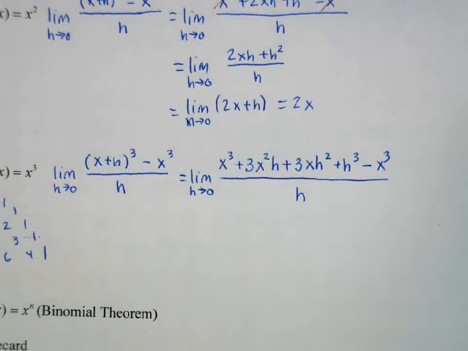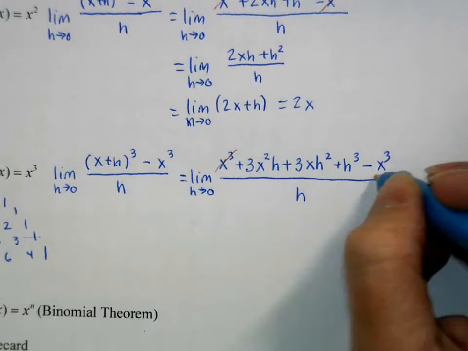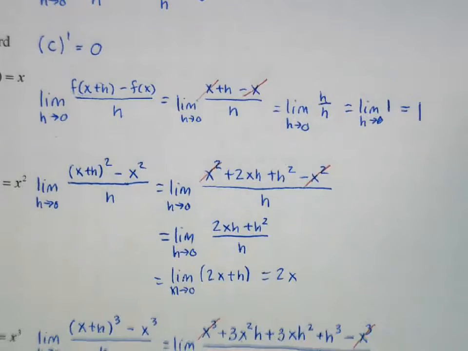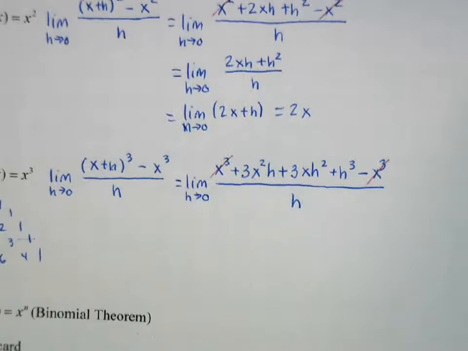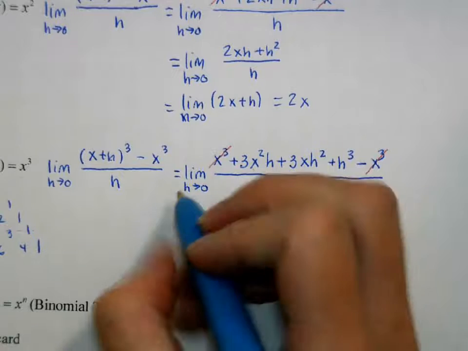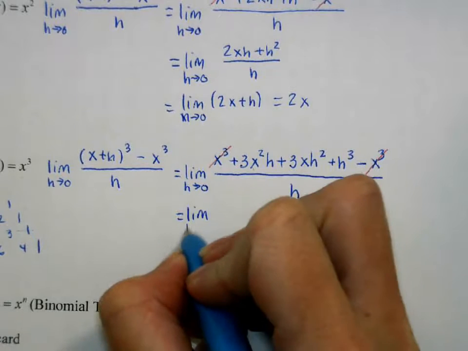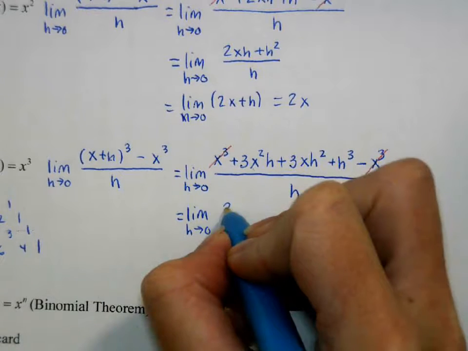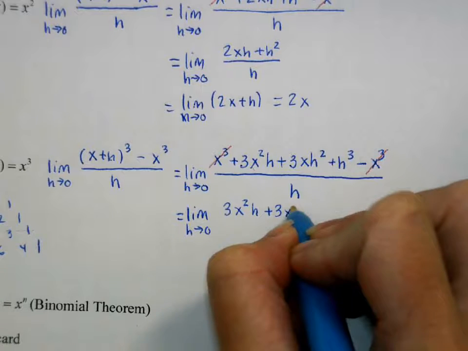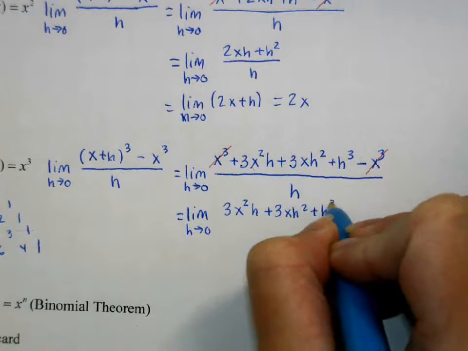This drops out, and hopefully you've seen that has happened every time. So we can predict that will continue to happen every time. This leaves me with the limit as h goes to 0 of 3x squared h plus 3xh squared plus h cubed over h.